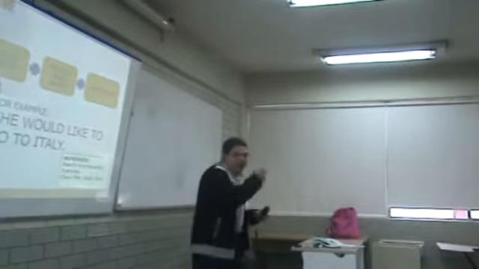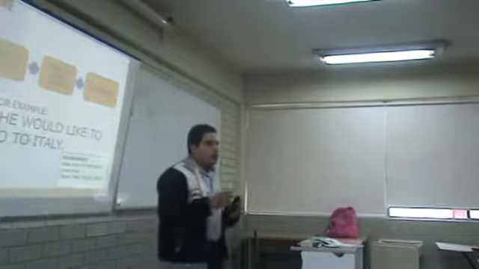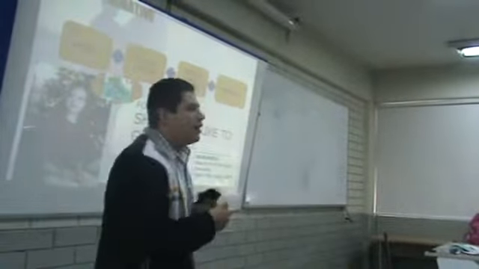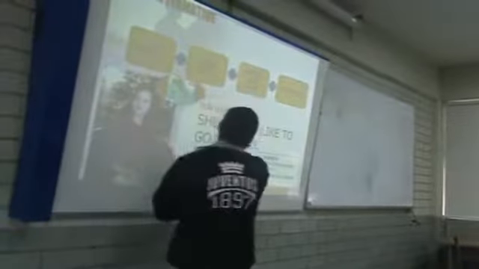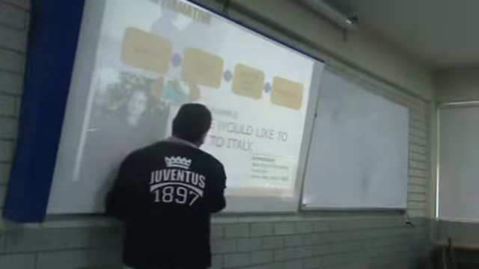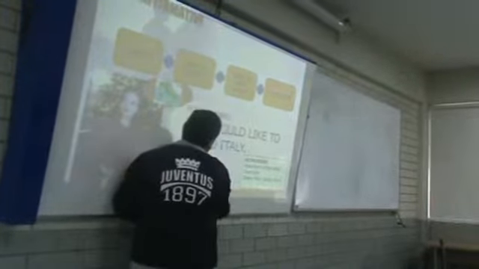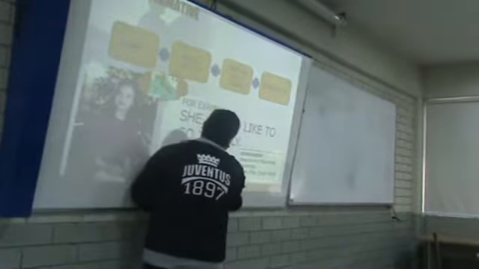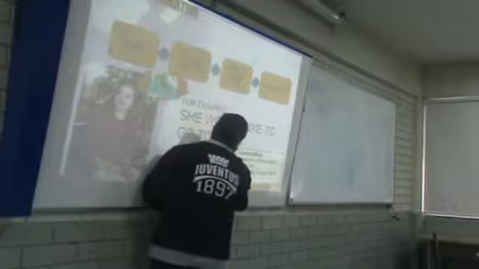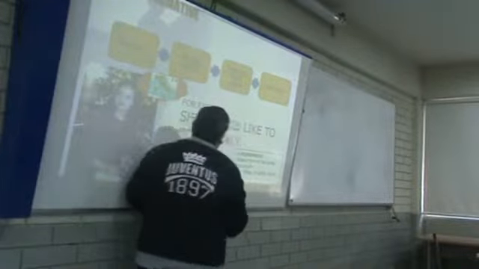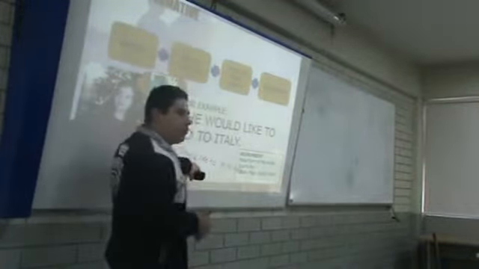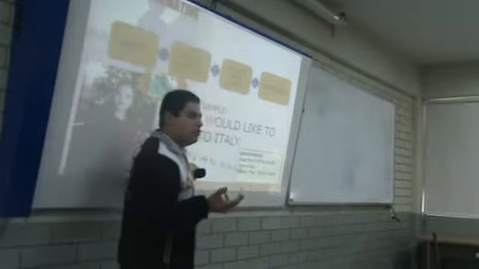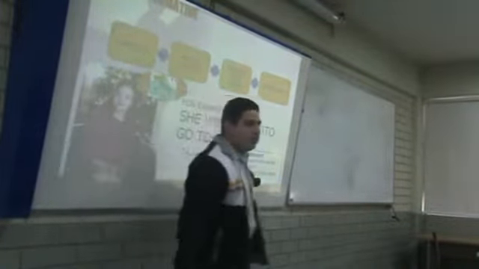Another thing that you can do, hey, quiet please. Another thing is that the verb will can be contracted. As you can see, you can contract the will and say, for example, she'll like to go to Italy.